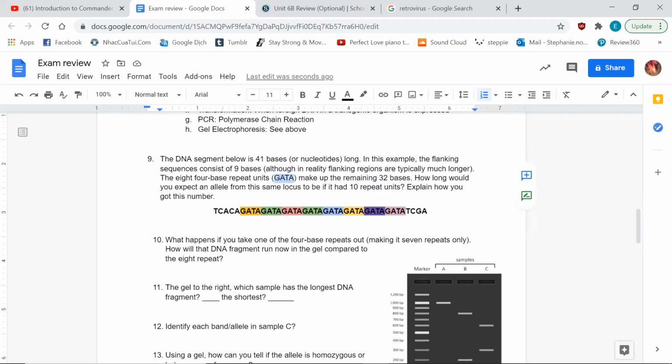How many bases am I adding? 8. If somebody decided not to do math today, I'm adding 8 bases, because it's 2 units and each unit is worth 4. And I already know that this one's 41. So I do 41 plus 8 and I get 49. Meaning this one's going to be 49 bases long.